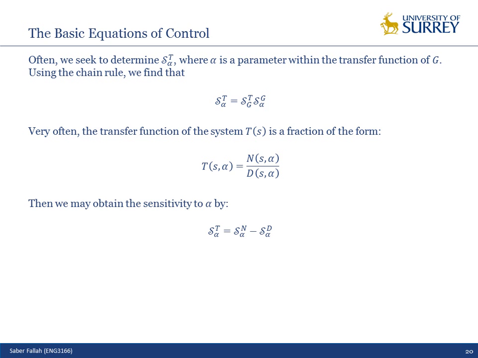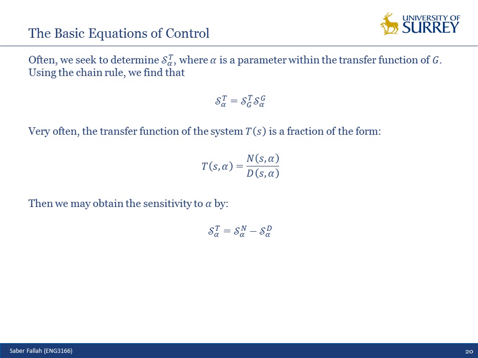Don't ask me how. If you want to know, come to me, I will explain to you. But it's not necessary that you know. Just the final relation is important. The sensitivity of the transfer function T against alpha is equal to the sensitivity of the numerator of the transfer function against alpha minus the sensitivity of the denominator against alpha.